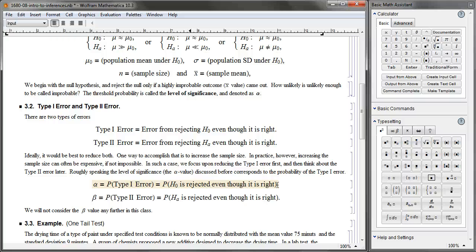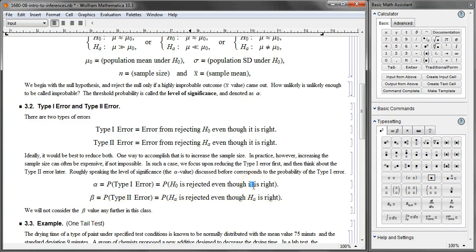One more comment. This alpha and beta are, as a matter of fact, conditional probabilities because we have this if-blah-blah-blah part. This part is the condition: even though H0 null is right, and even though HA alternative is right. Please note that we are talking about two different conditions. For beta, we are talking about the condition where HA is right.